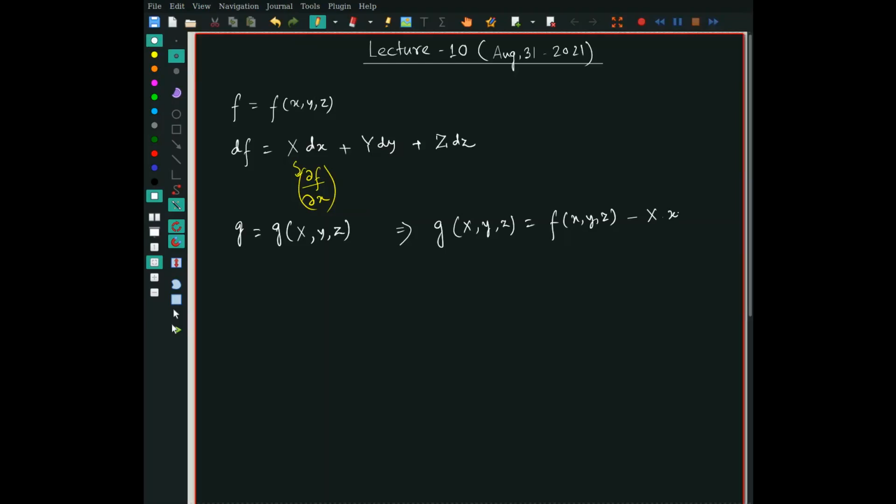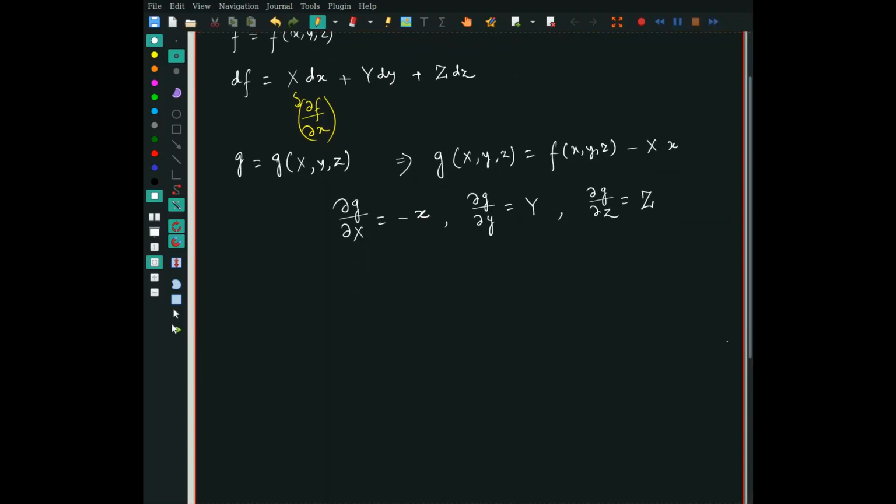From that we got the relation, in terms of this new function, del g del X equals minus x, del g del y equals capital Y again, and del g del z equals capital Z again. So this is the summary of yesterday's last part of the class.